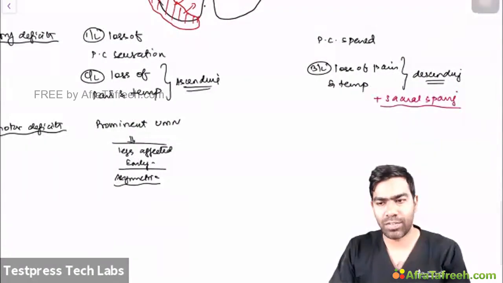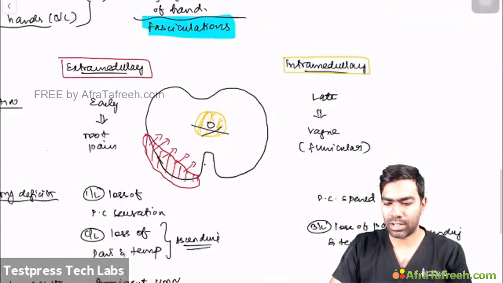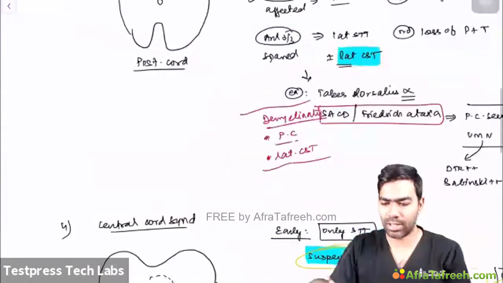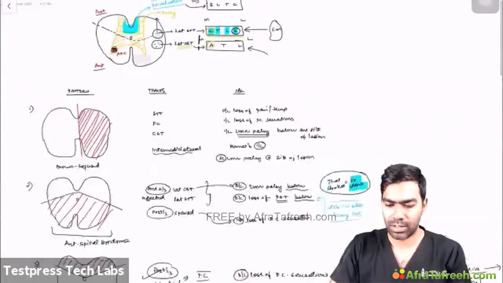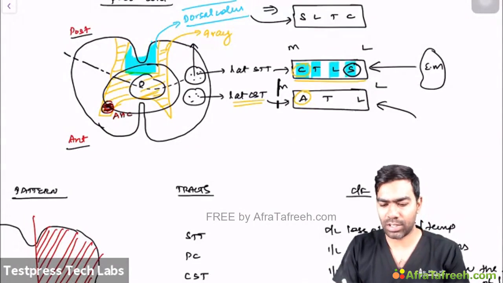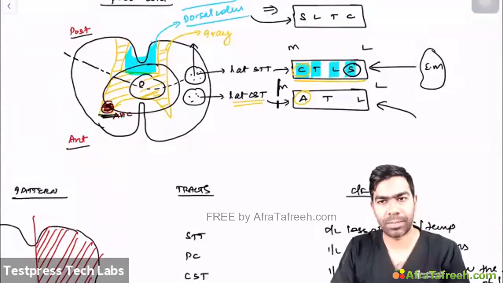On the other hand, if you take the central cord lesion, in a central cord lesion, let us go back to our original diagram and see. So which will be basically affected first? Your anterior horn cells will be affected first, or your lateral corticospinal tract will be affected first?